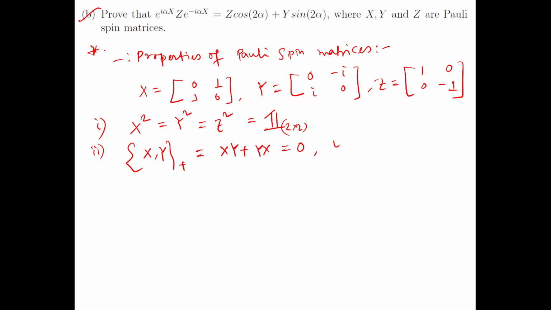Now you have yz and zx; all these anti-commutators are 0.